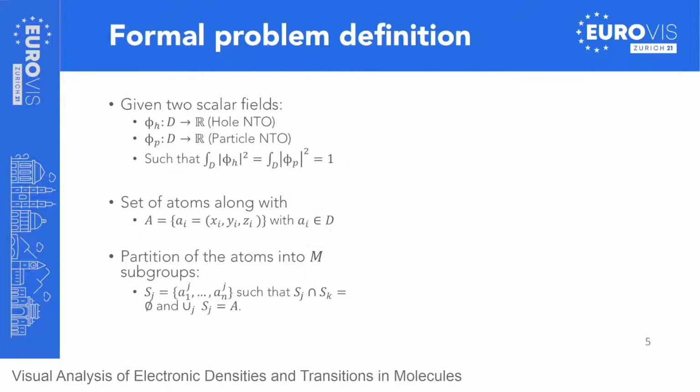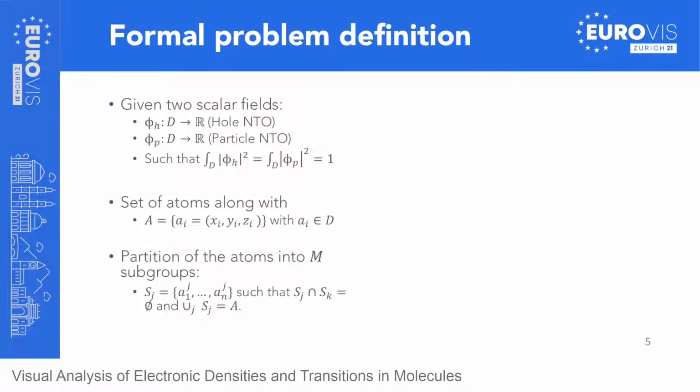Now we briefly define the problem. We are given two scalar fields, one scalar field corresponding to the hole natural transition orbital and the other one, phi p, which is the particle natural transition orbital. One condition these two scalar fields satisfy is that the integral over the whole volume sums up to 1. That is, the total probability of finding an electron within the volume is 1.